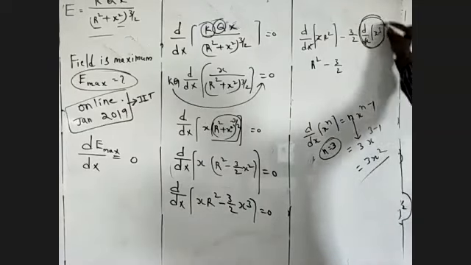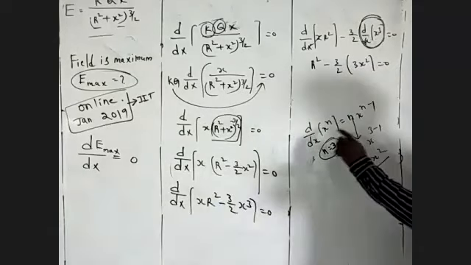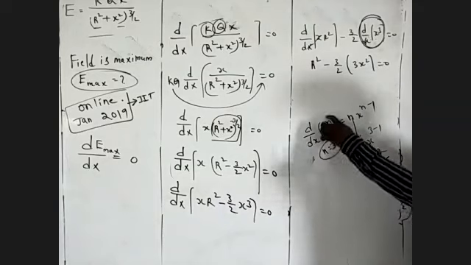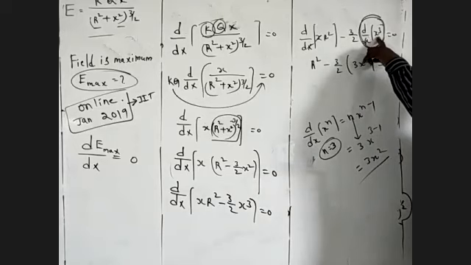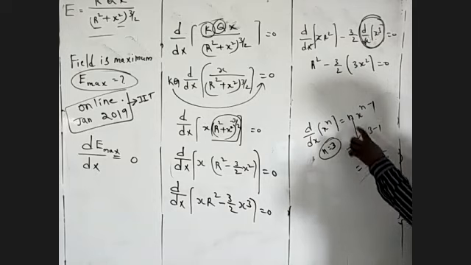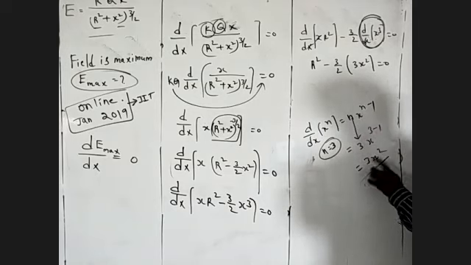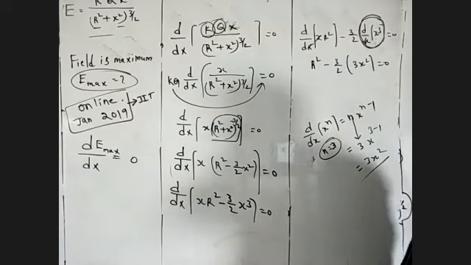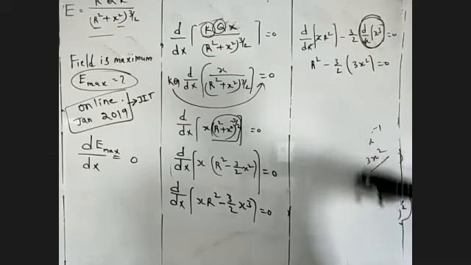The total answer is 3x square. The derivative d by dx of x power n is n into x power n minus 1. This is x cube, where n is equal to 3, so 3 into x square. Now what will happen?